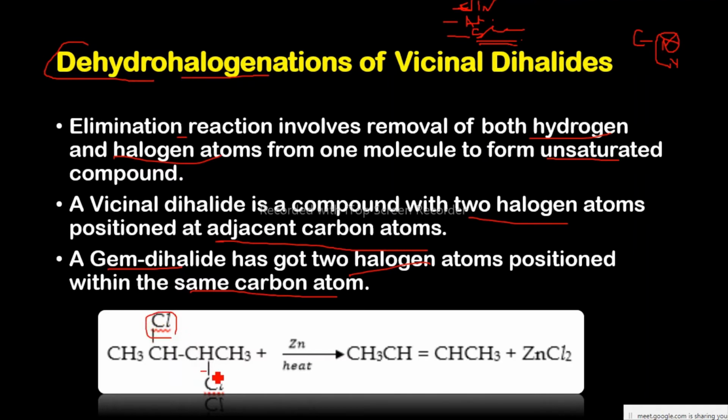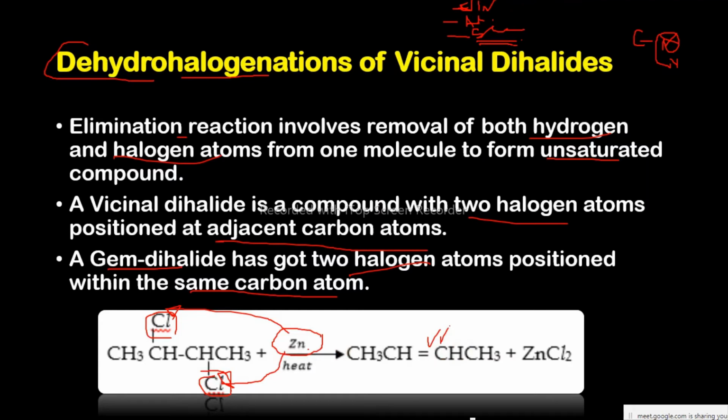If you heat your dihalide with zinc, the zinc is going to take away these halogens to form zinc chloride, and the result is an unsaturated compound, an alkene.